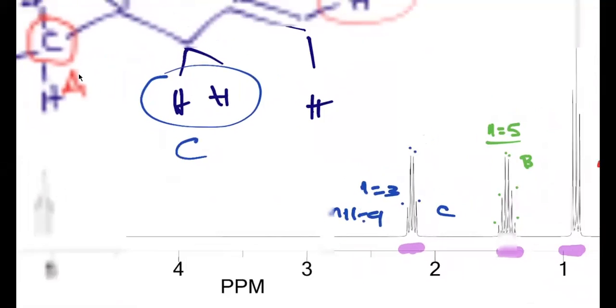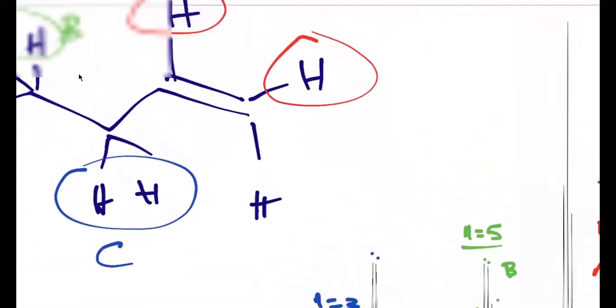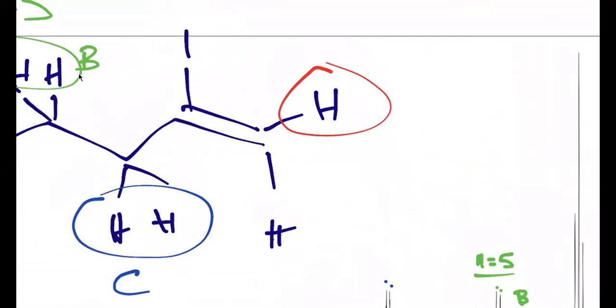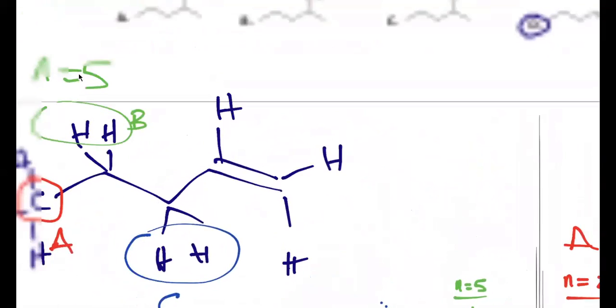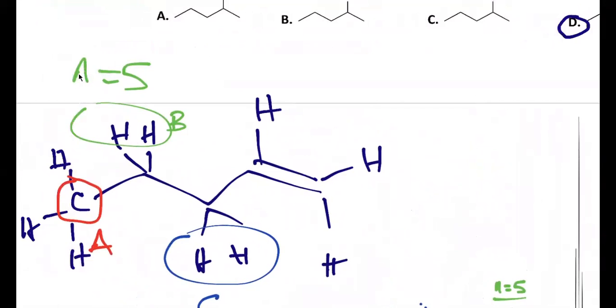Now the alkene protons are kind of weird, splitting wise, right? But they do split. So for this one, let me give it a different color. What should the splitting pattern for that one be? It's got 2 neighbors on the left, right?